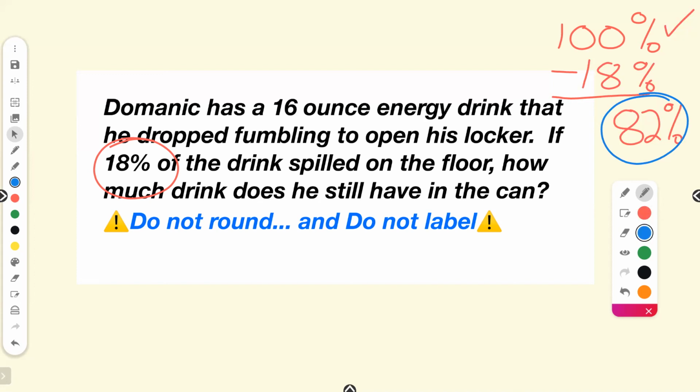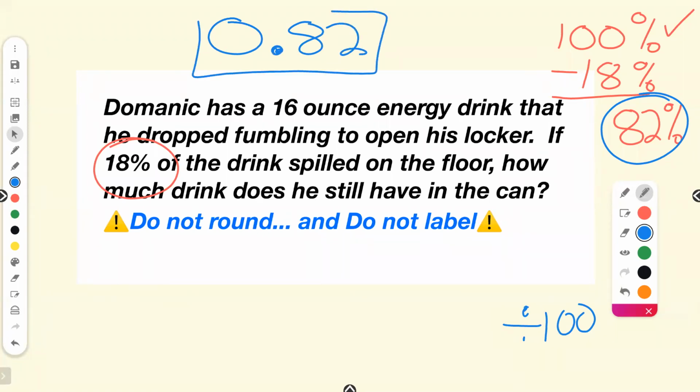And now, like I explained to you, we don't ever use our percents when we're doing our math. We make the percents into decimals. So after you take that percent away from 100, make your percent into a decimal by dividing it by 100. And when you divide that by 100, you get 0.82.